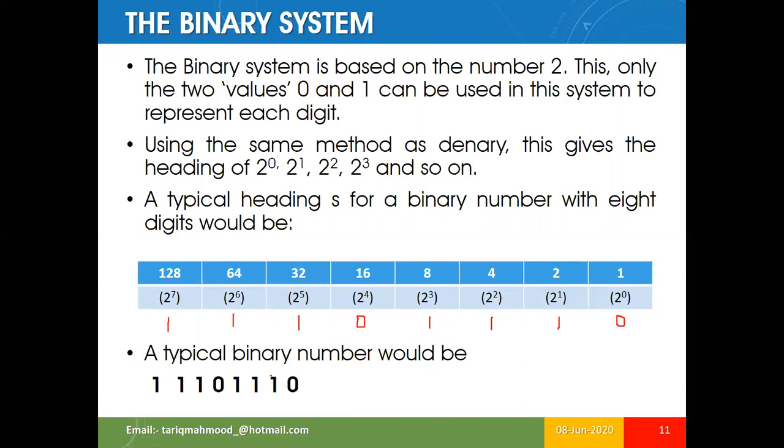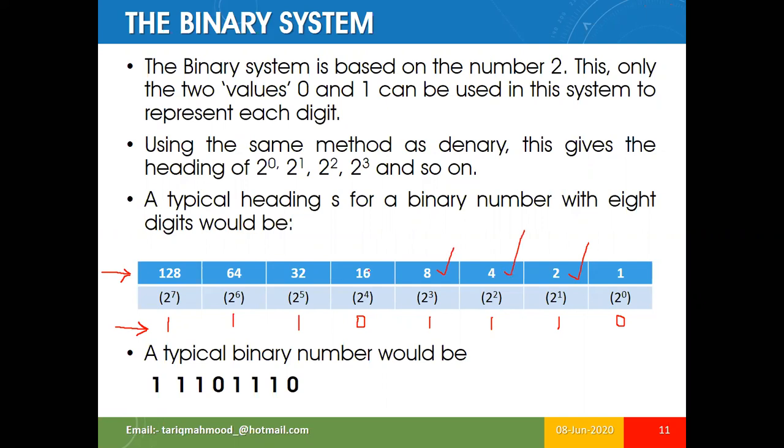What we have to do is add all those column values which have a 1. We consider the 1 and the number written on top of it, which is the actual value. The first ones represent 2, 4, and 8.